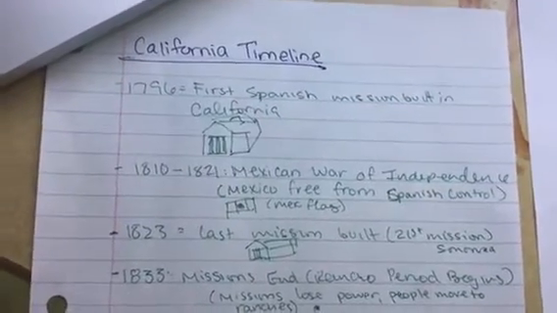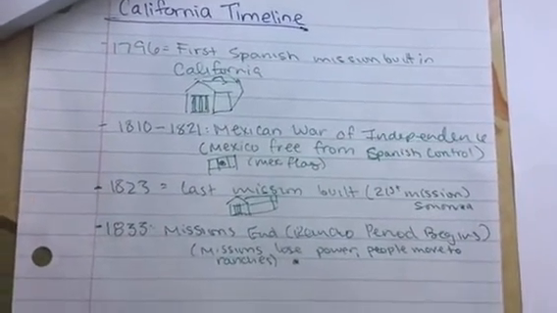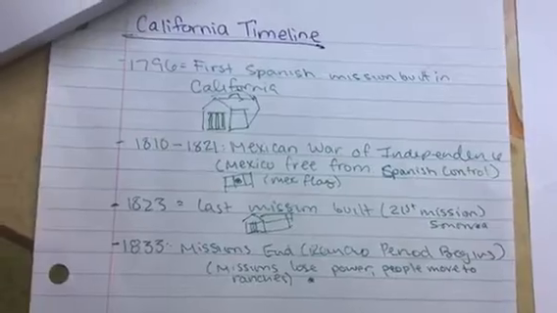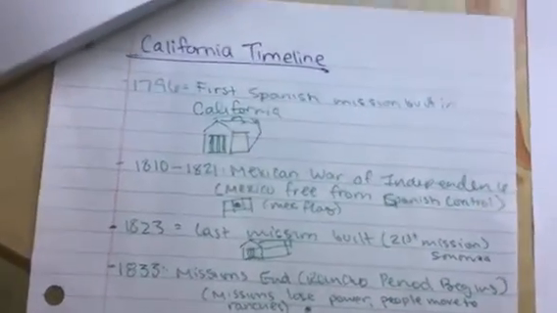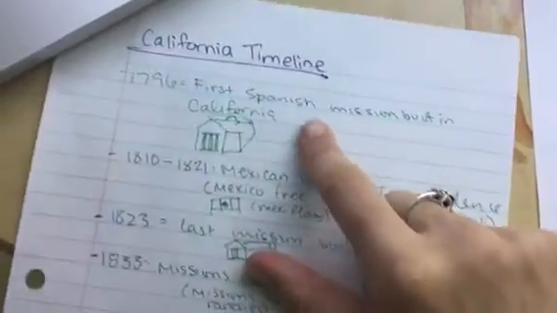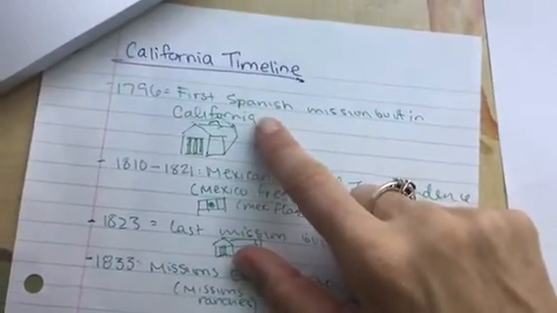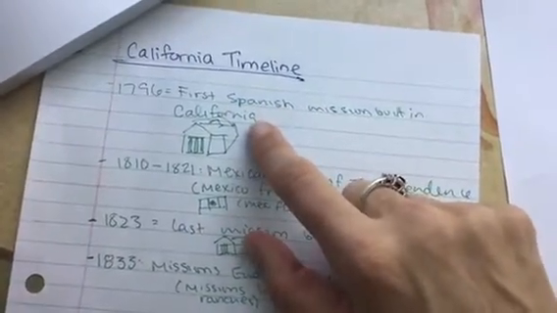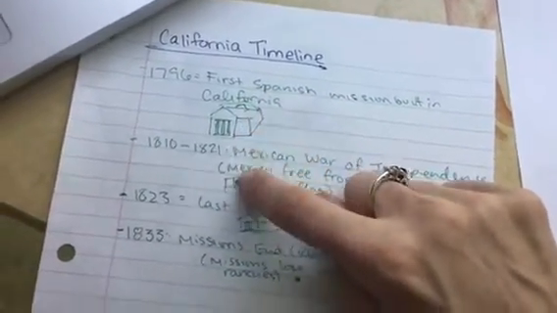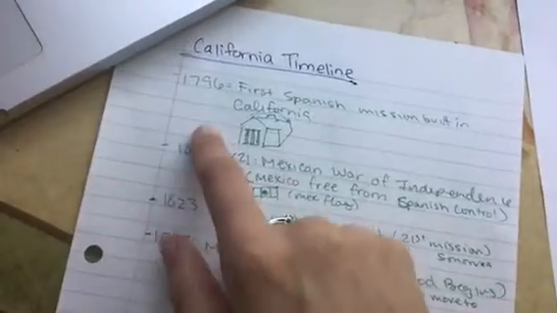So sometimes if it's like the Bear Flag Revolt, you might want to give a little explanation, like California declared free country. But if other ones where it already is a phrase, then you don't need to explain it. So again, if it's just the event name, explain. If it's a phrase already, don't explain. Picture for everything, date for everything.